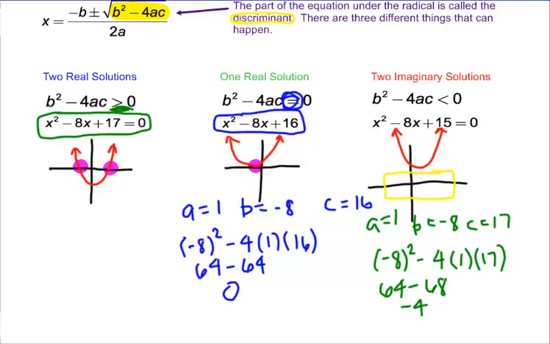And then what about this last one? So this should be 1 with 2. We'll do him in purple. So a is 1, b is negative 8, and c is positive 15. Alright.